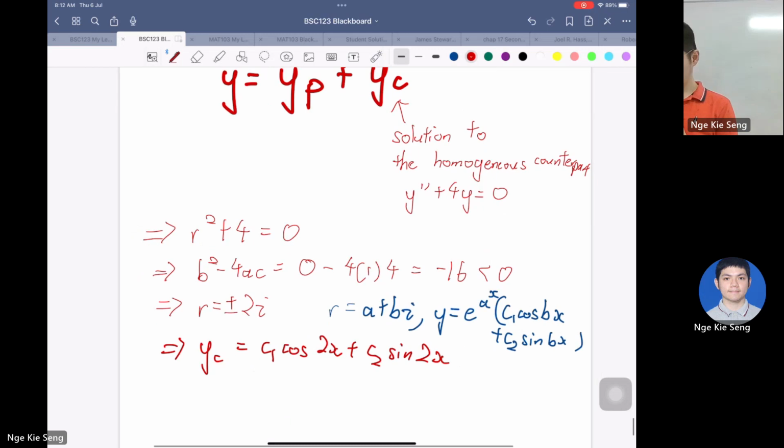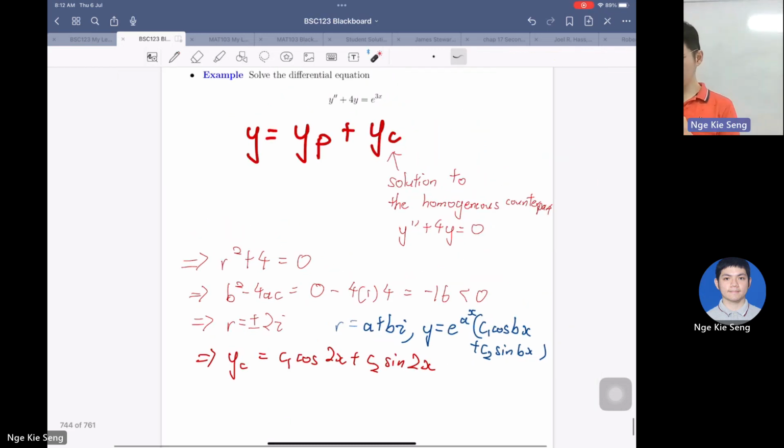But we want to solve this particular equation, where we have e to the 3x. What y do you need to put so that you get e to the 3x? What thing, differentiated twice, gives e to the 3x? The same type of function, right?